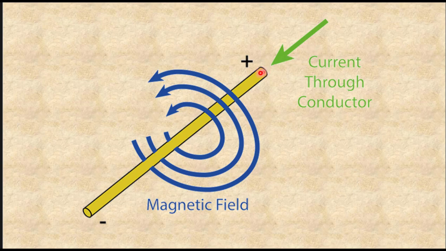So we know that anytime a conductor is carrying current, lines of magnetic flux or magnetic fields develop around that conductor. And we also know that the stronger this current is, the stronger the magnetic field and the further out these rings of flux develop.